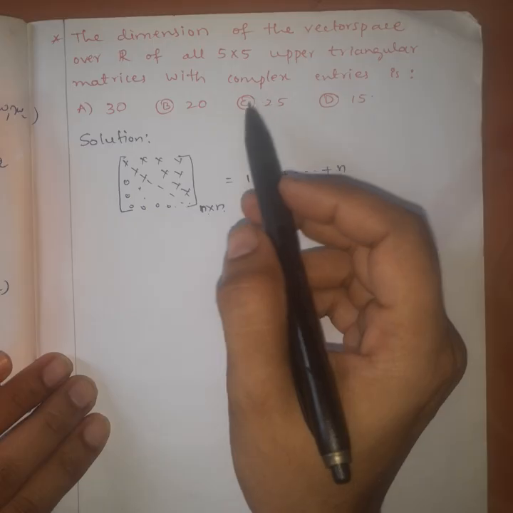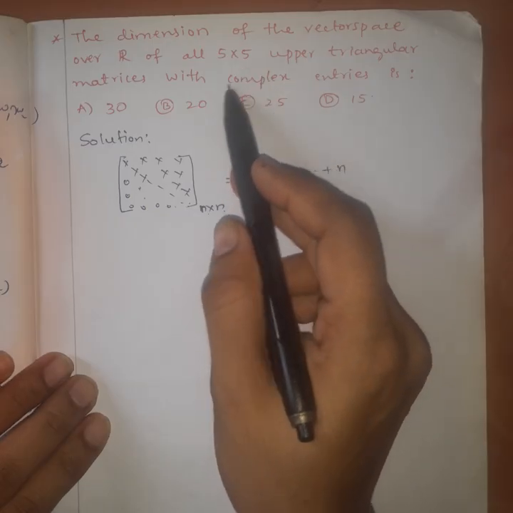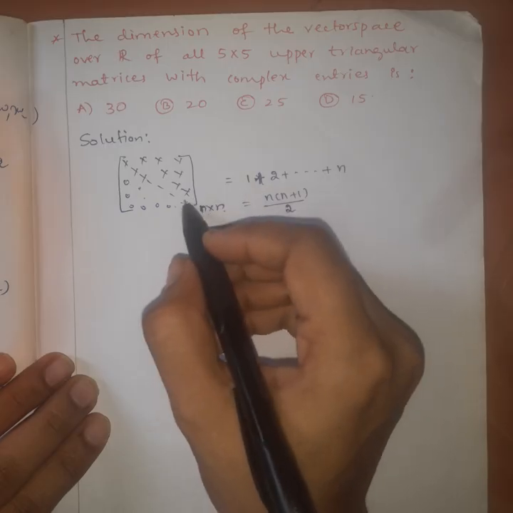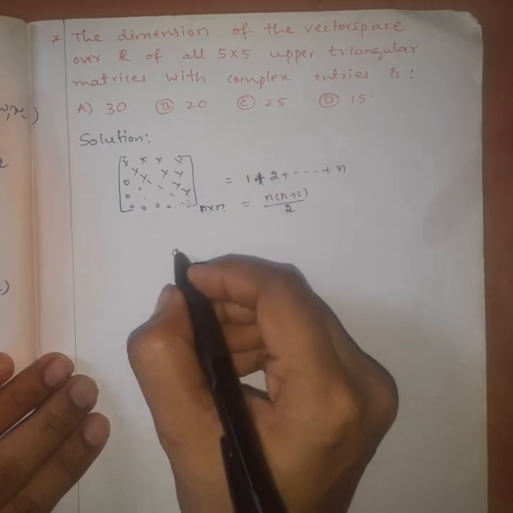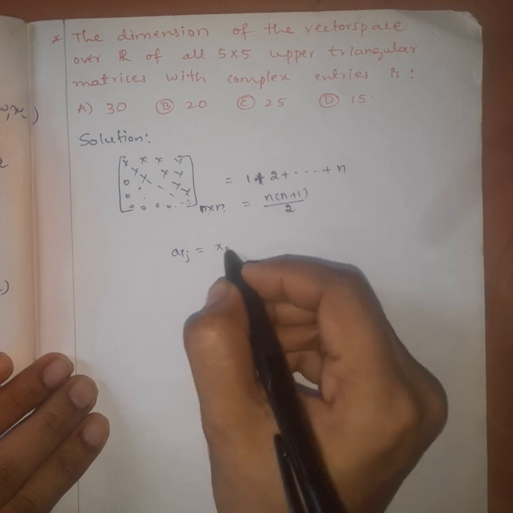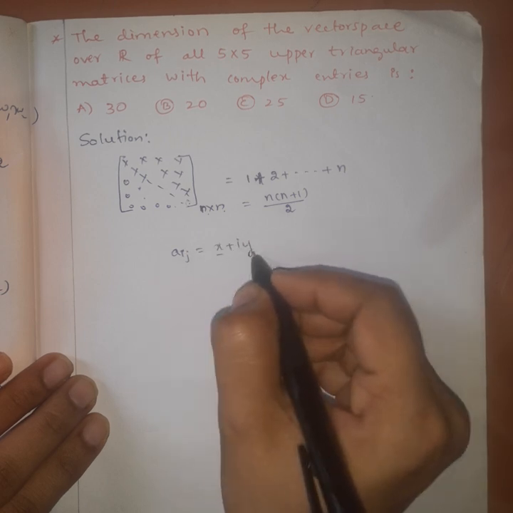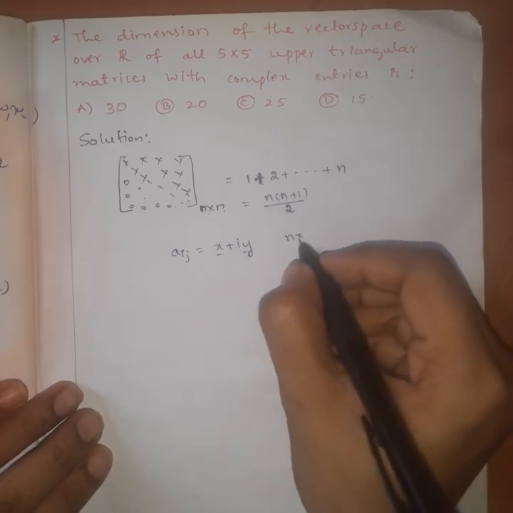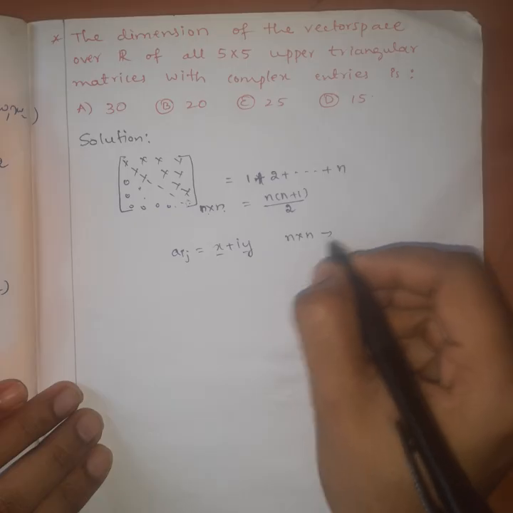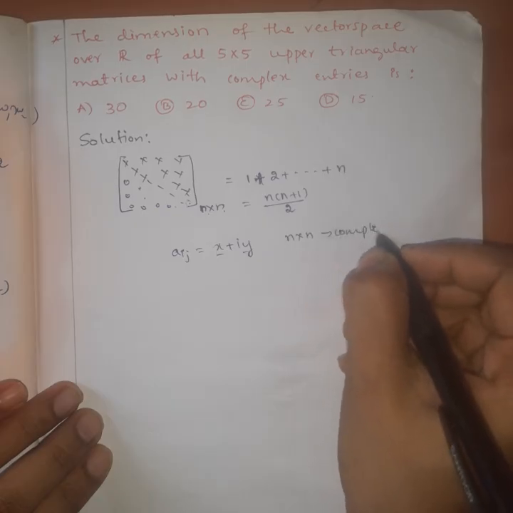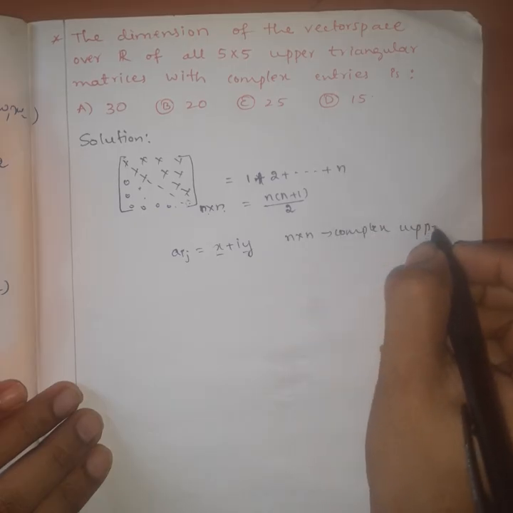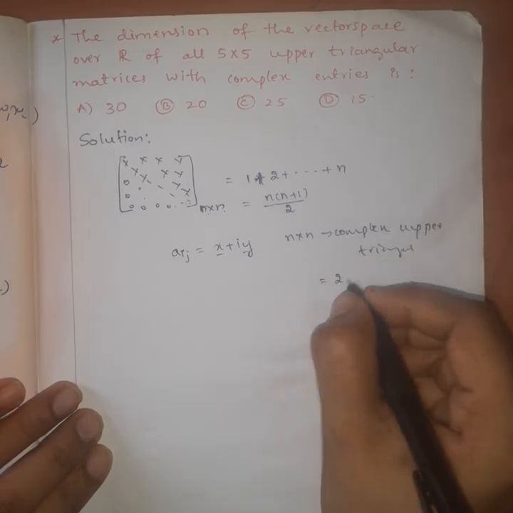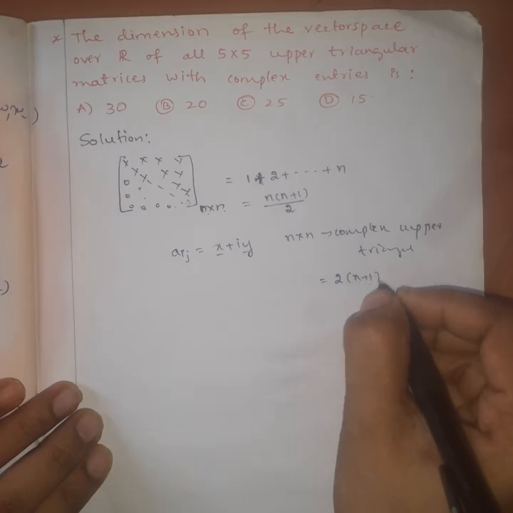But here they have given complex entries. Since the entries are complex, for each entry Aij we require 2 real entries, x and y, as x plus iy. So for an n by n complex upper triangular matrix, the dimension will be equal to 2 into n into n plus 1 by 2.